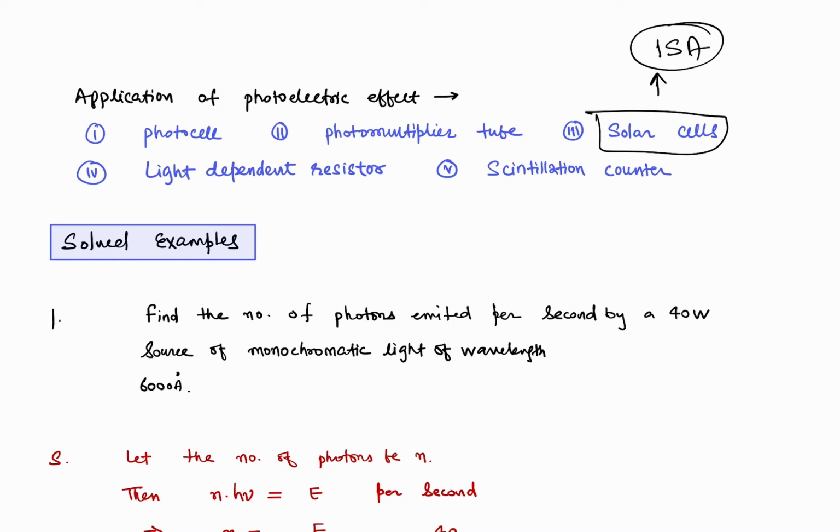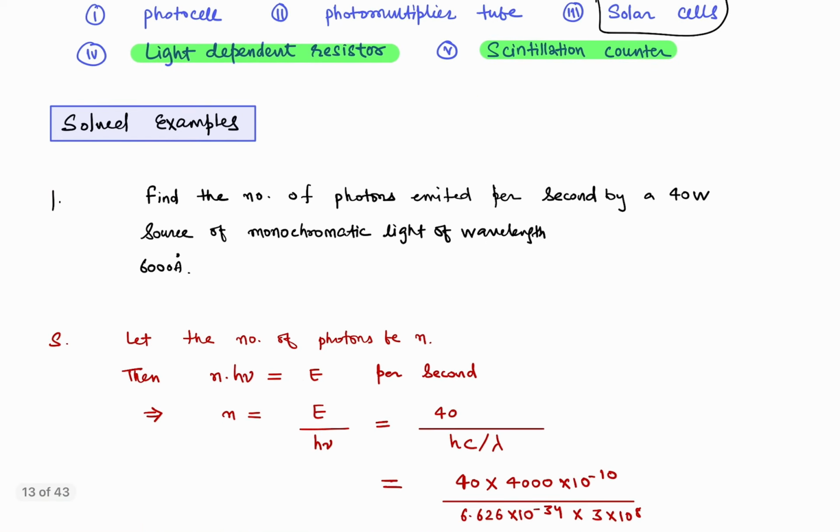Then we have light dependent resistor, and also the scintillation counter. So these things are applications of the photoelectric effect. If you add such applications to your answers in the mains examination, you will probably get half or 1 mark more than your competitors. Now we have some solved examples of the photoelectric effect. So let us see them quickly.